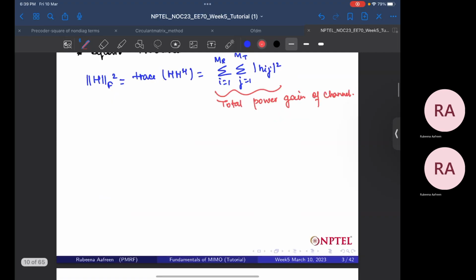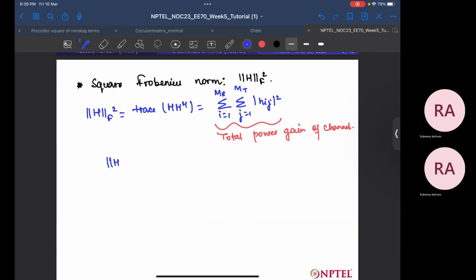Okay, and also ||H||_F squared is given as the summation of lambda i, i equal to 1 to mr. And just now we have discussed that this lambda i is random. So this term, square Frobenius norm of the channel matrix, is also random.